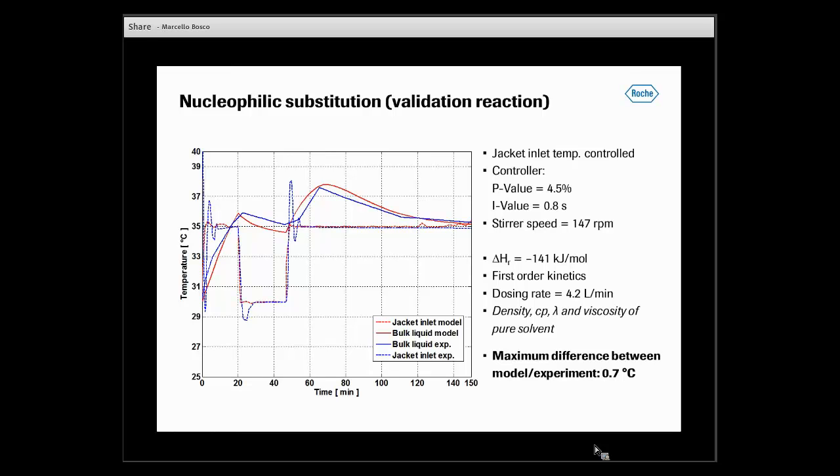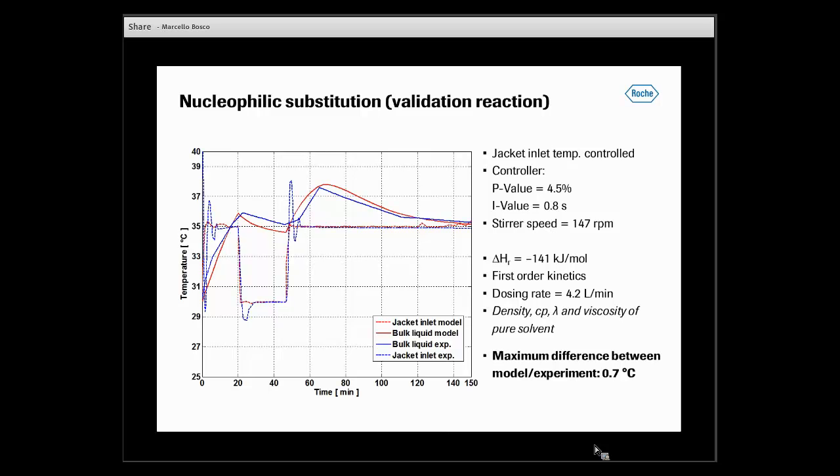The dotted lines are the jacket inlet temperature, and the lines are the bulk liquid temperature. We see in blue the experimental lines. We have a little bit of going up and going down temperature at the beginning, but afterwards we are cooling to roughly 30 degrees for a certain time, and then we go again up on the jacket inlet temperature.